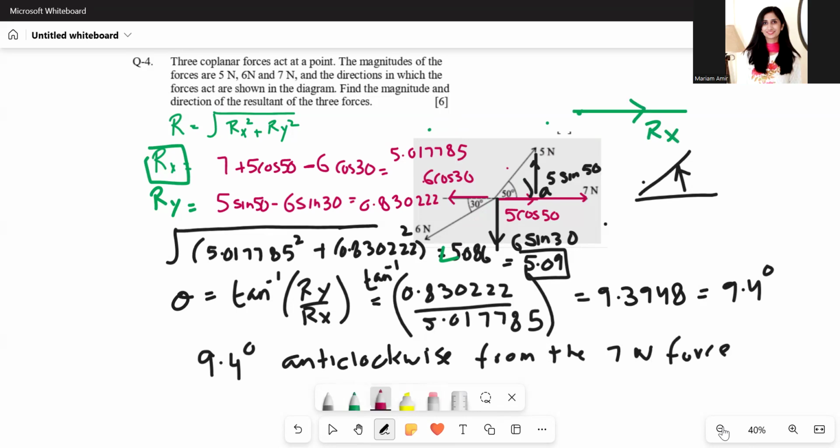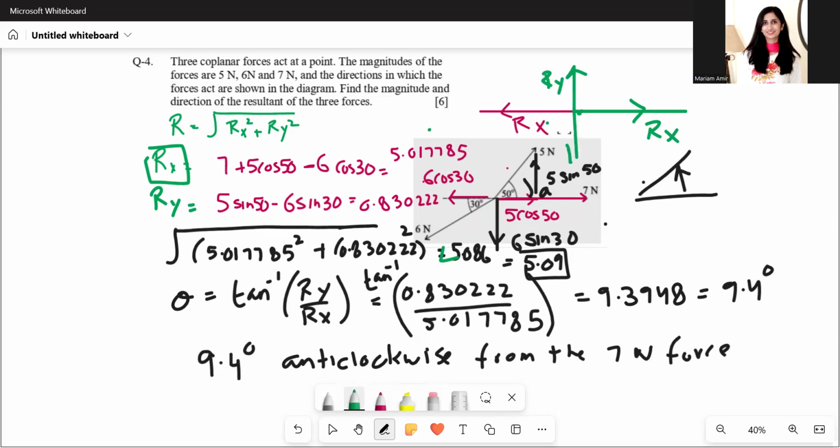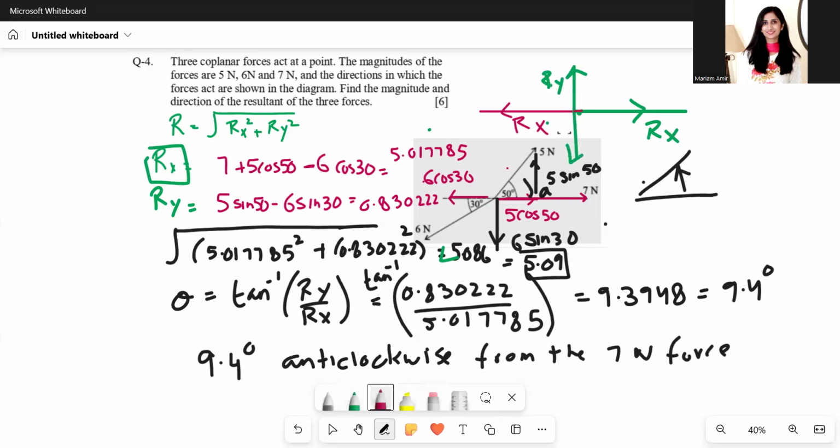In case your Rx would have come out to be negative, then Rx would have been in this direction. Also, our Ry came out to be positive, so that means it's in this direction. And if it were negative, we would have gotten this direction. So depending on the sign of Rx and Ry, you can tell which quadrant the resultant force lies in, and hence the alpha lies in.